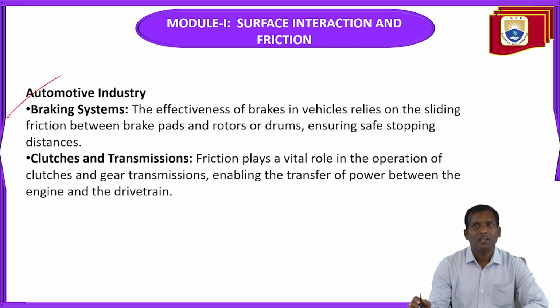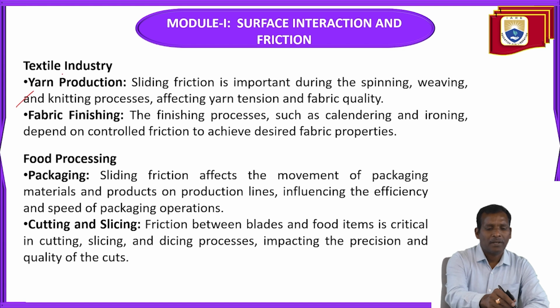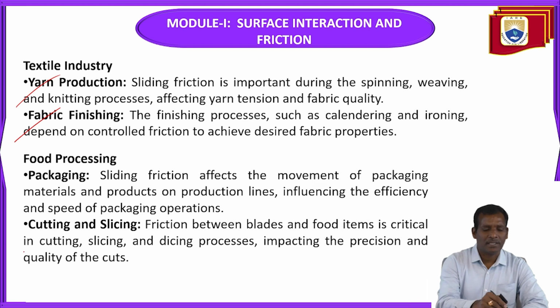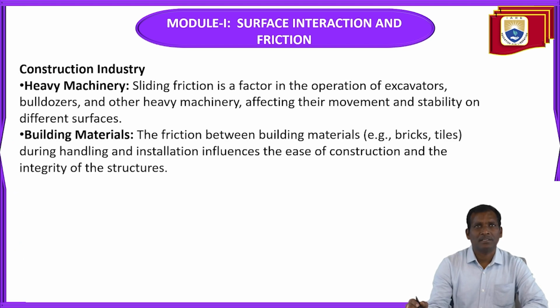In the textile industry, production and fabric finishing, and in food processing units and packaging, sliding friction affects the movement of packaging materials and products on production lines, influencing the efficiency and speed of packing operations, cutting and slicing. So these are the roles in industries, and also in the construction industry, heavy machinery and building materials.